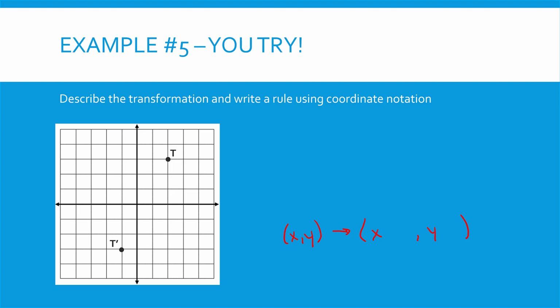Okay, so did you remember to start at T and end at T prime? This is the start. That's the pre-image. And this is the end, the image. So give me some road directions here. From T to T prime, I am going 1, 2, 3 left. And I am coming down 1, 2, 3, 4, 5, 6.